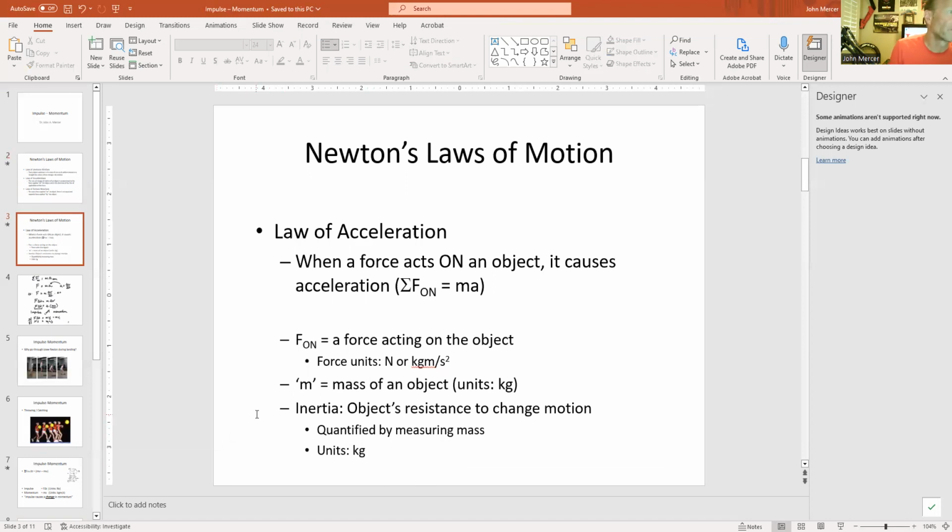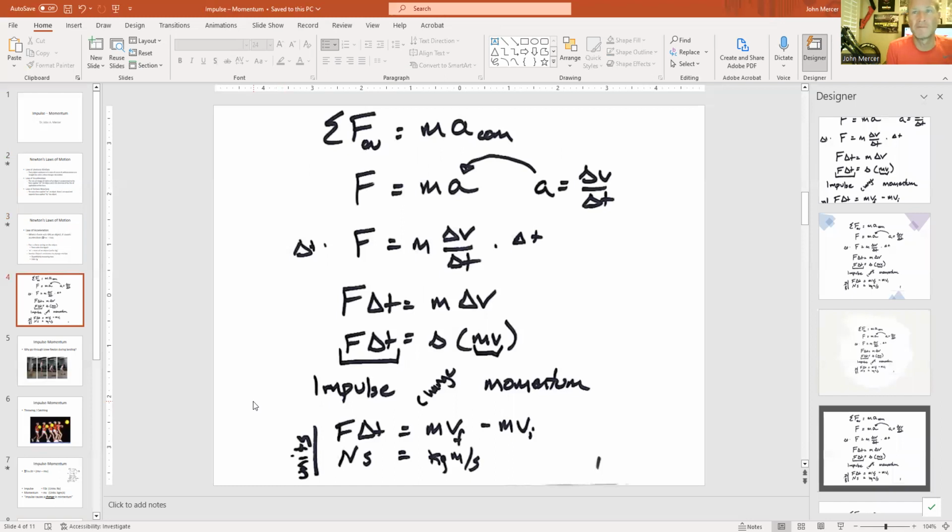I do have a separate video on the derivation of the impulse momentum relationship, where I start at Newton's second law. I insert the equation for acceleration into the second law, and then I do a little bit of algebra, and I end up with F delta t equals delta mv. F delta t is what is known as impulse. So in a test question, if the question is something like, which of the following is the equation for impulse, you would select the equation F delta t.